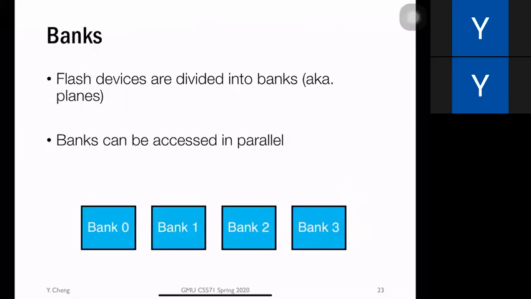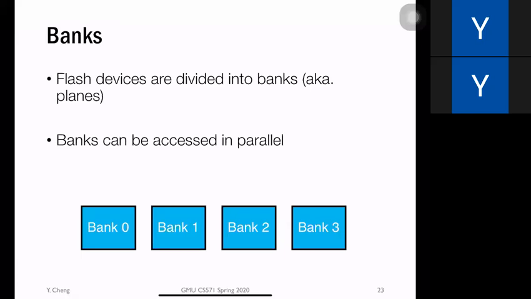So here, let's look into the flash internals and see what the architecture looks like at a very high, abstract level. Recall that one of the primary performance benefits comes from this inherent I/O parallelism. But how can a flash device support parallel I/Os?